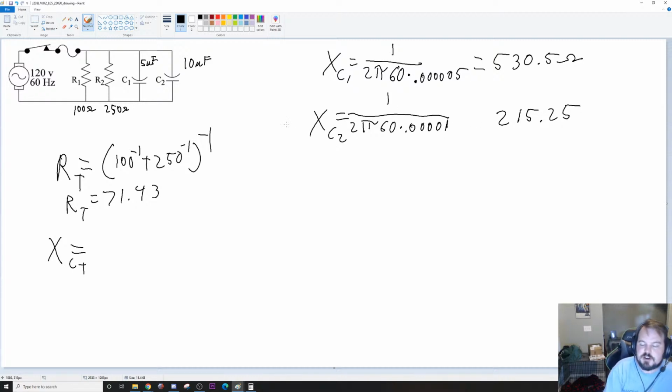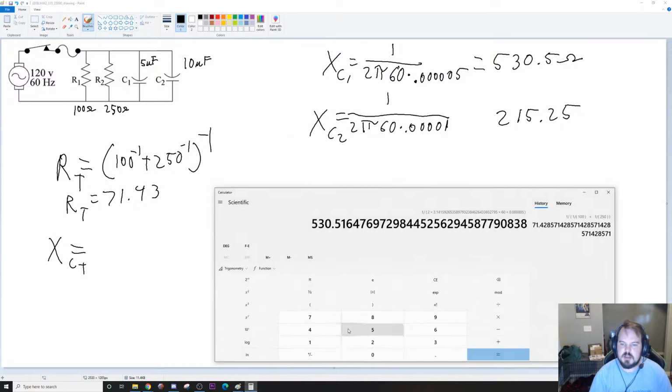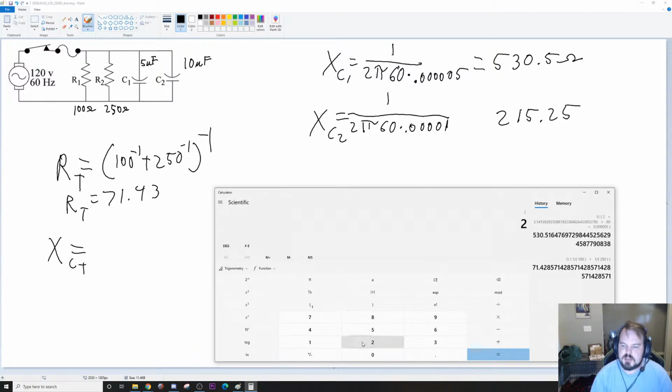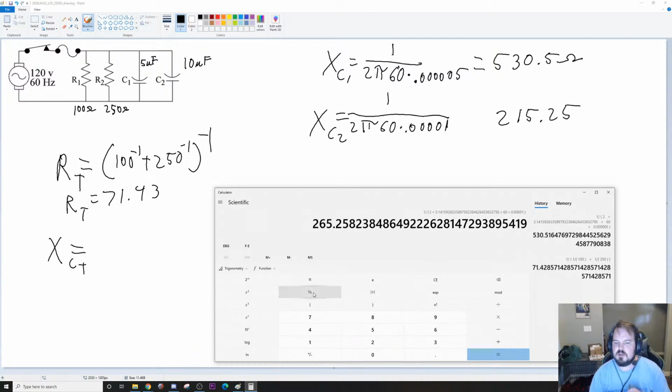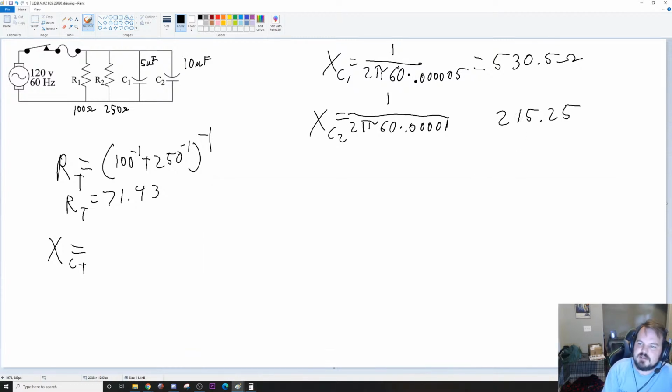Micro is 6, you move the decimal 6 times. So again, with the open parentheses, 2 times pi times 60 times 0.00001. Close my parentheses, do x negative 1 one more time, and I was not quite right. 265.25. That's because I cut it in half the wrong way.